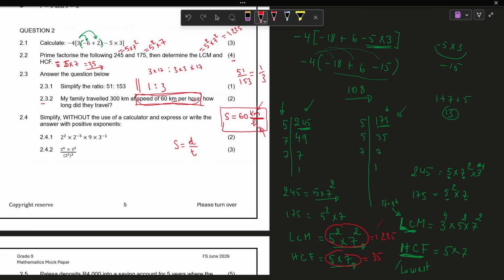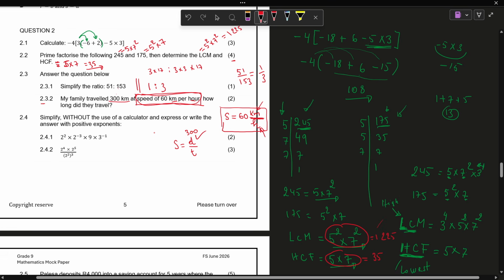And now we just have to replace from what is given. What is given here? My family traveled 300 kilometers. 300 kilometers is a distance, so the given is 300.